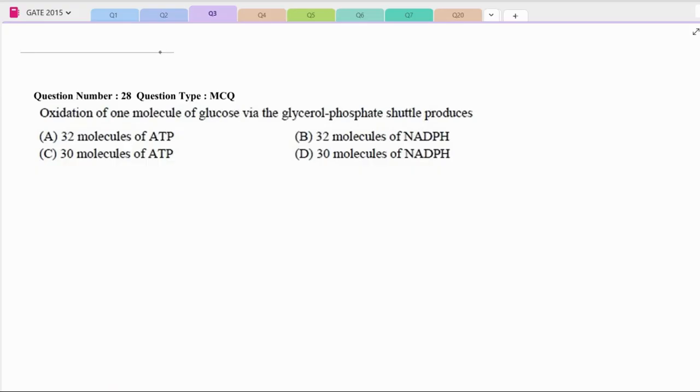Oxidation of one molecule of glucose via the glycerol phosphate shuttle produces... the correct answer here is 30 molecules of ATP.